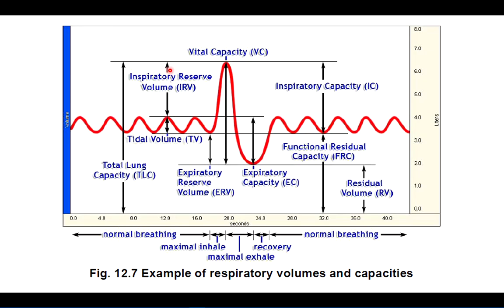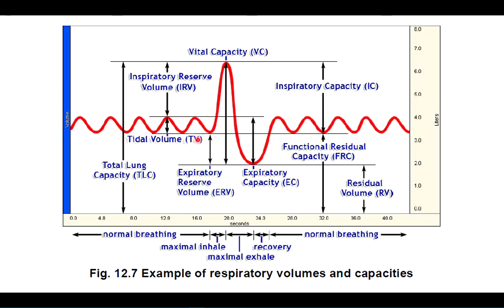So the difference from the end of a normal inhale, from this point right here, all the way up until the maximal inhalation, this would be the inspiratory reserve. The amount of air that a person can move into their lungs after a normal inhale. And that makes sense because from the normal inhale, from this mark up to this line, would be inspiratory reserve.